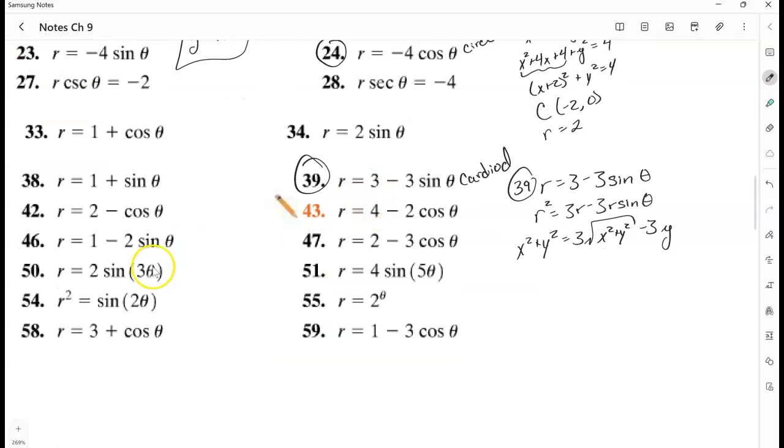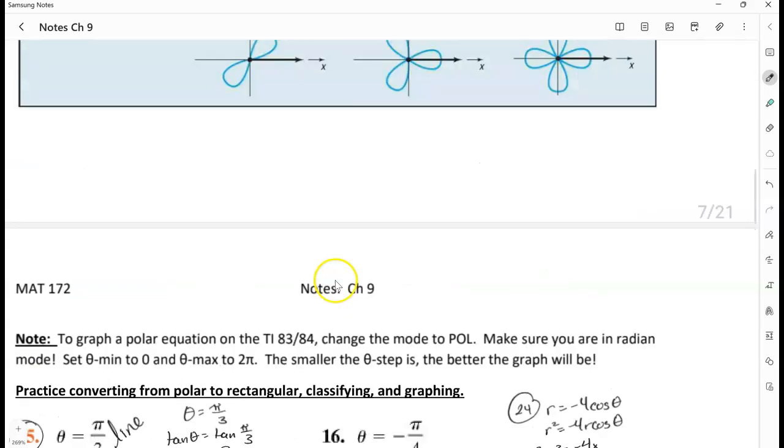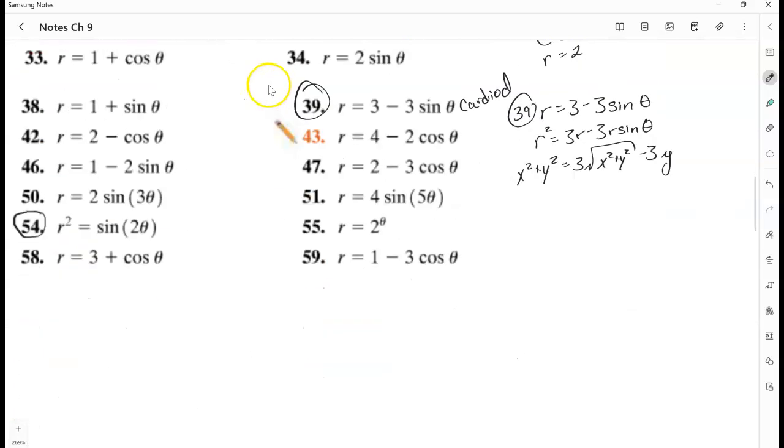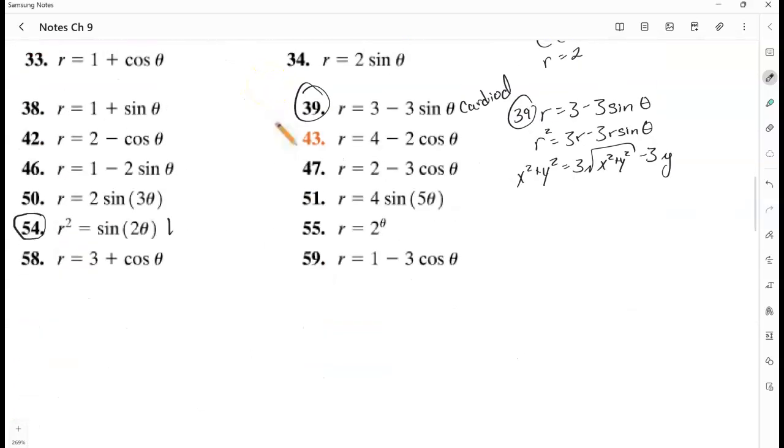And then let's do maybe one more. What about 54? If we think about our formats here, 54 is this lemniscate, and if we wanted to rewrite that, we could multiply everything by r.